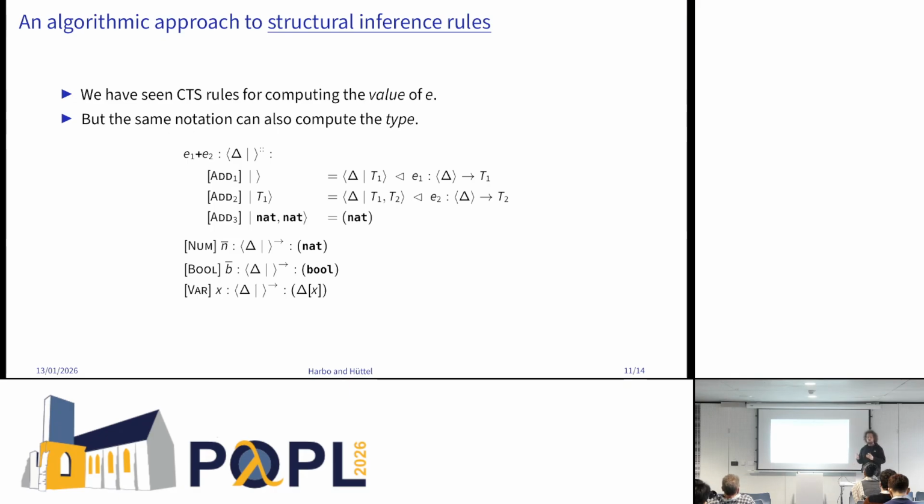Up to this point, you have seen how we can use these rules to compute the value of an expression. But CTS captures the algorithmic aspects of inference rules in general. So we can also use CTS to describe how to compute the type of an expression. Here we can see a simple example where I have added booleans, and we have a simple language with booleans, numbers, and addition.